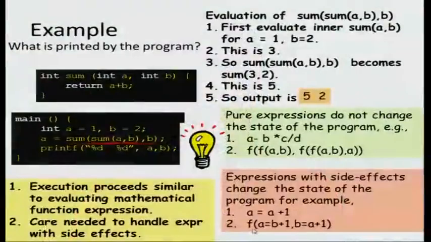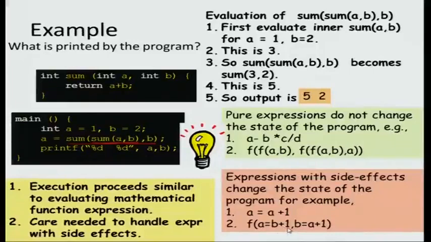Here in the second function, you have two arguments to function f. The first is an expression a equal to b plus 1, the second is an expression b equal to a plus 1. This might sound like a very strange way to code, but any expression can be given as arguments.